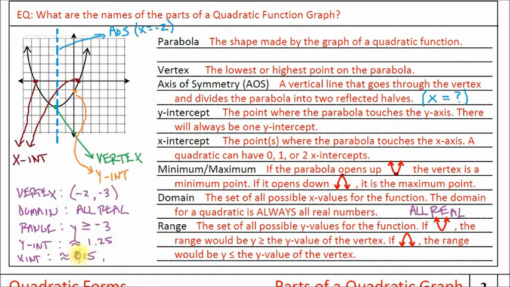Let's make that a 0 so you can see it's a 0. And it looks like it's 1, 2, 3, 4, about -4.5. So we can look at a graph and either we know the exact value, like in this case, we know the vertex is exactly on the graph, it's whole numbers. But the y-intercept and x-intercepts, we can estimate those from a graph if we don't calculate them exactly. All right, so there are the names of the parts of a quadratic function graph that you need to understand well.